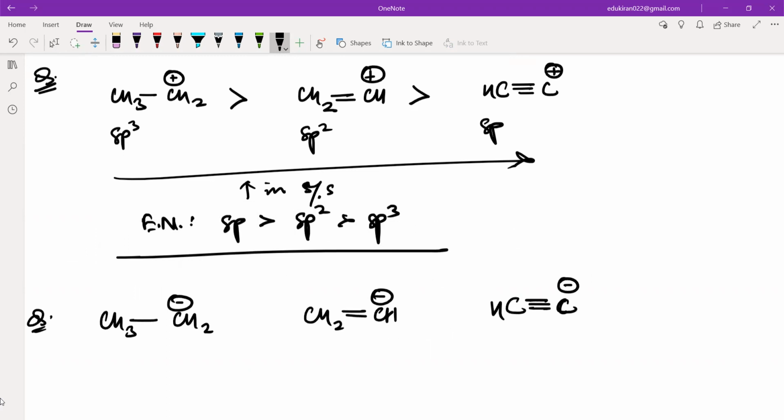Now in this case, all of these are pulling electrons. This is more electronegative. It will pull a bit more than the sp3, and it is most electronegative. That means it will be pulling electrons from the negative charge. Hence, they are stabilizing the negative charge. So this will be most stable, followed by the sp2, followed by the sp3.